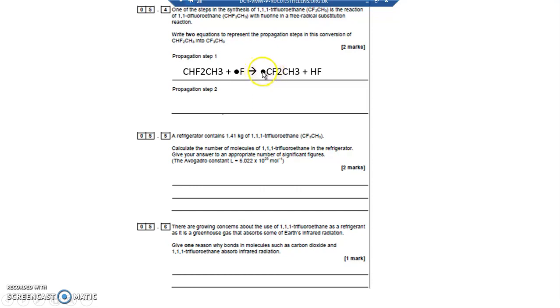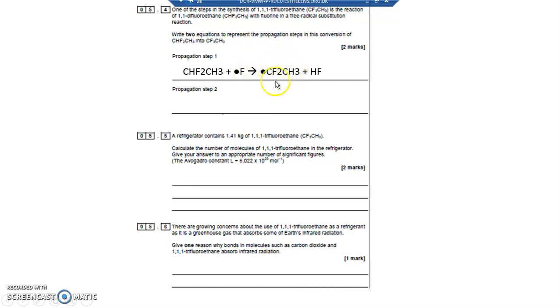So that's showing that that carbon is missing a bond, and an F is going to go onto there in a minute. So an F is going to join onto there and make CF3, and that's why I know that that dot is on that carbon, because that H is going to get replaced by an F. So that H must be lost so it can get replaced by an F, and the dot is on that carbon there.